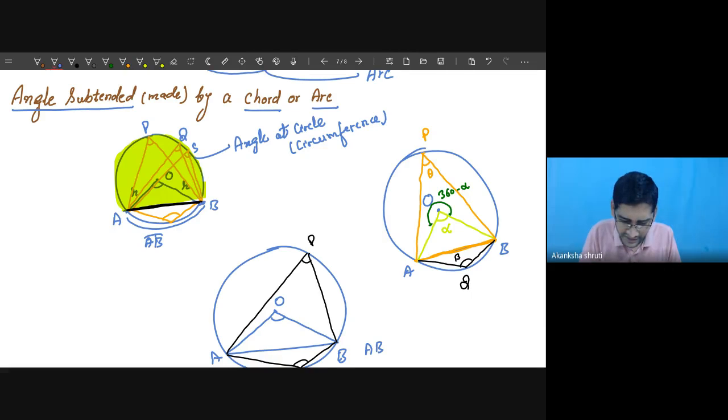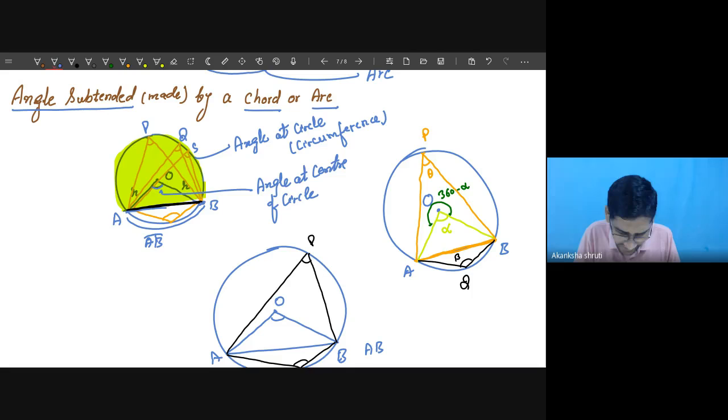But if we consider the angle formed at O, so this is the angle at center of circle. And this angle may be formed by which one?